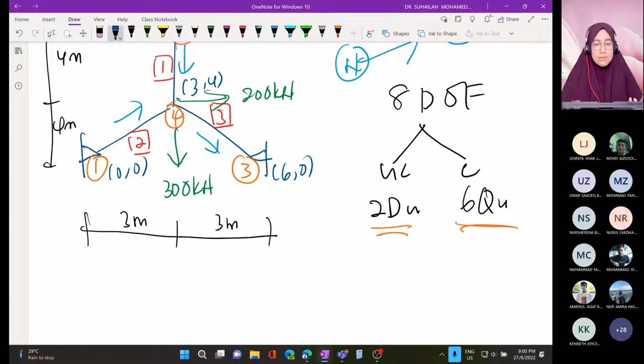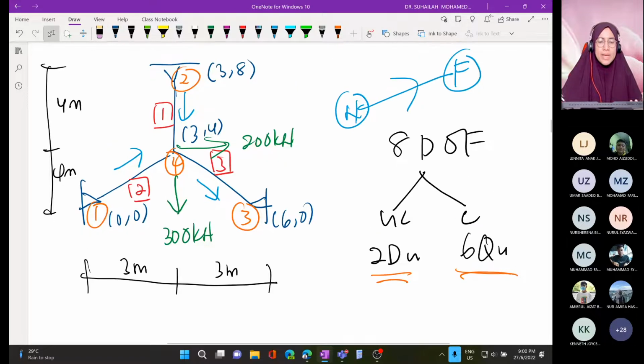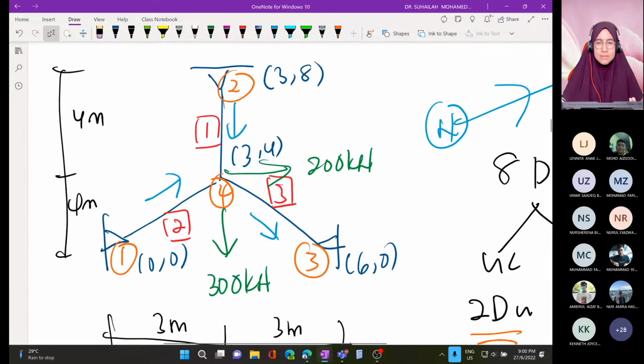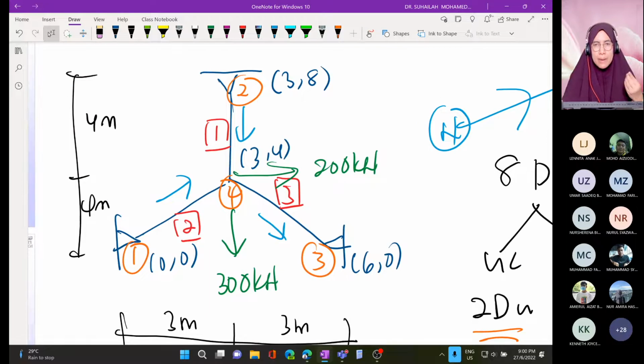Unconstrained is not number. Where is unconstrained? By looking at this, not number 1, not number 2, not number 3, not number 4. Between these 4, which one is unconstrained?